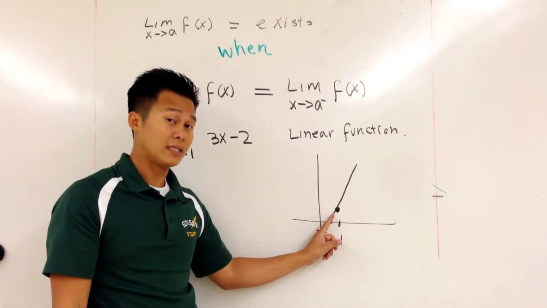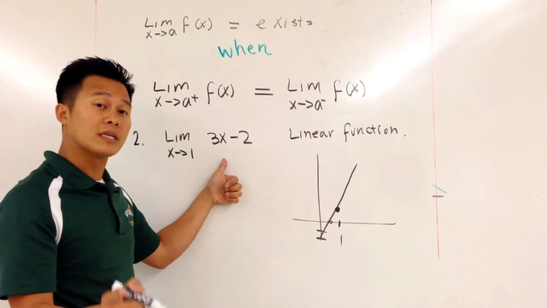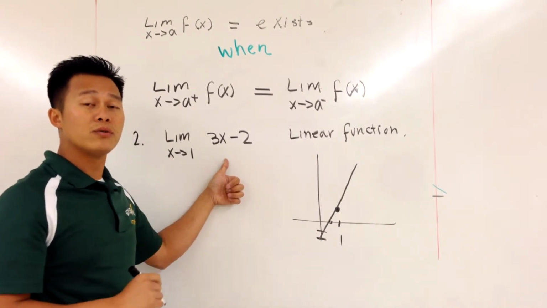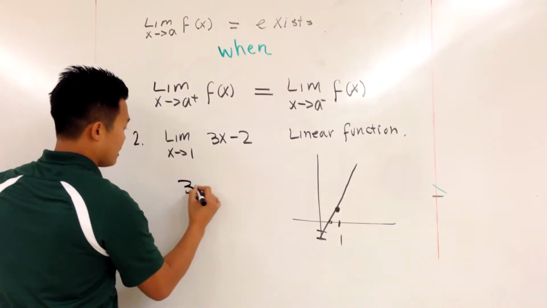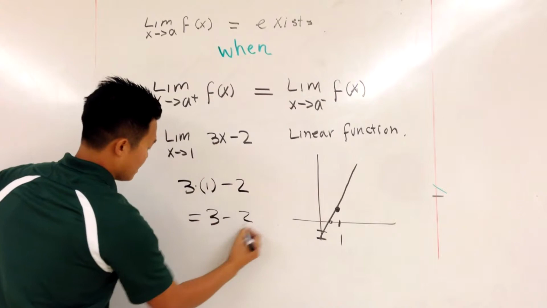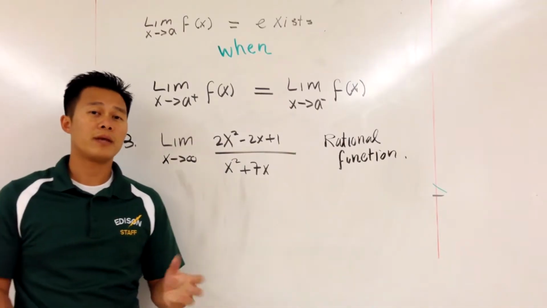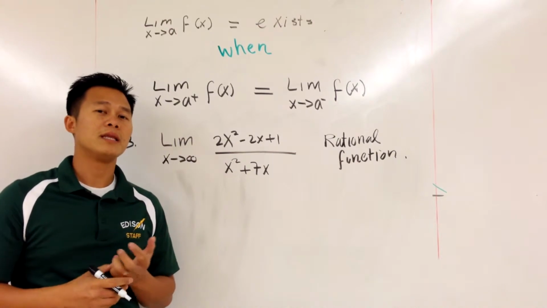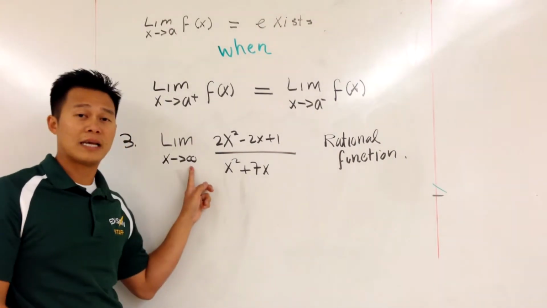Finding it is actually pretty simple. If you know it's continuous at that point, all you have to do is plug in the value. So in this case, we have 3 times 1 minus 2, and therefore the limit is equal to 1.